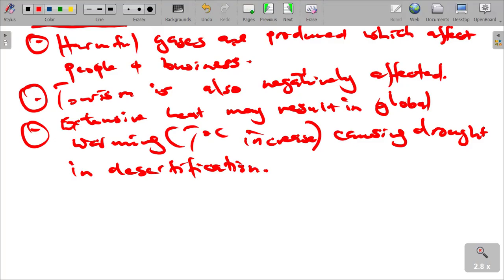Our ecosystems are seriously affected, and that would cause problems in the long run.